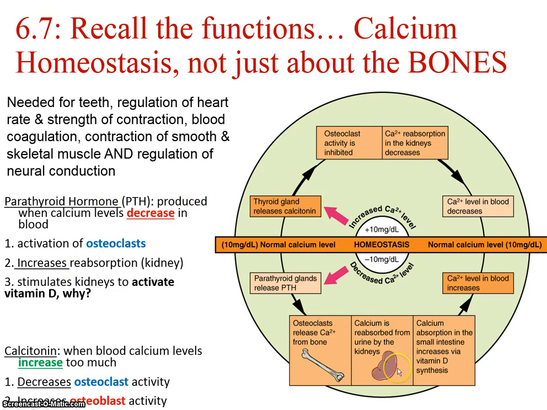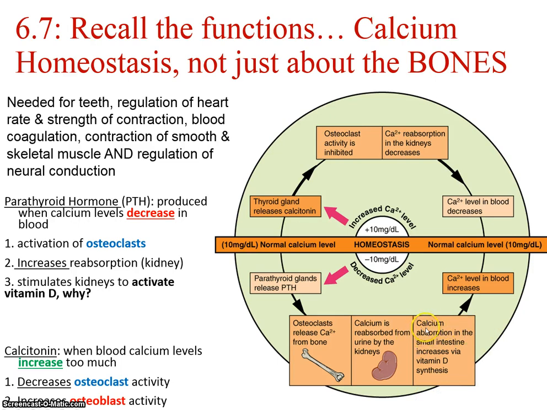Parathyroid hormone will also target the kidneys and have them retain calcium. Calcium can be lost in the urine, or it can be returned to the blood. So in the presence of parathyroid hormone, the kidneys return more calcium to the blood, and we call that reabsorption. The kidneys are also targeted by parathyroid hormone to convert a pre-vitamin D compound that the liver makes and releases.